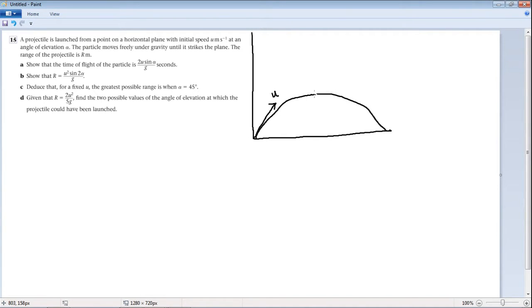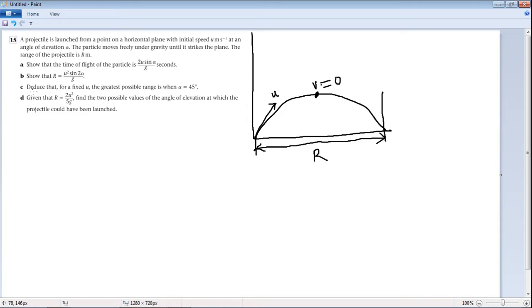Here is the maximum height, where the vertical velocity v is equal to 0, and this is the horizontal displacement, which is r. Okay, so this is the scenario of the question.